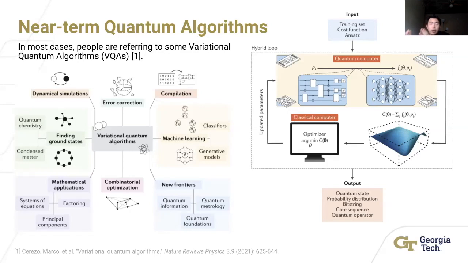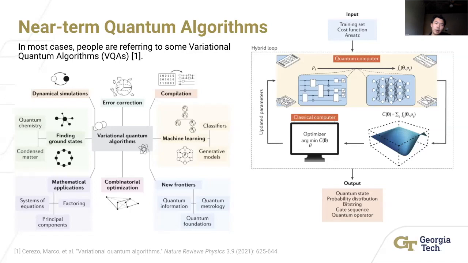For example, if you're doing classification in machine learning, you can set the cost function as the distance between the actual label on the test point and the predicted label on the test point, whether it's a dog or cat, something like that.